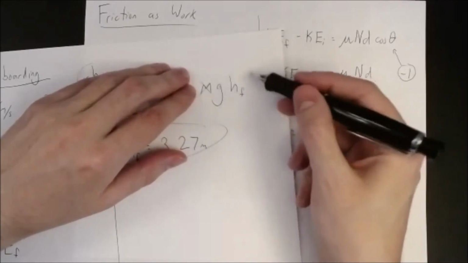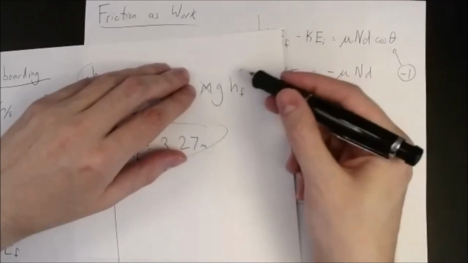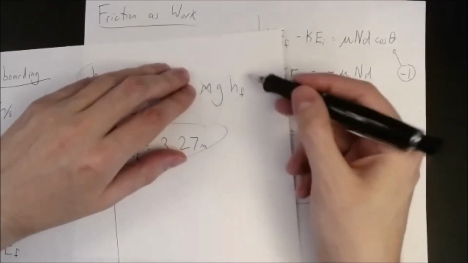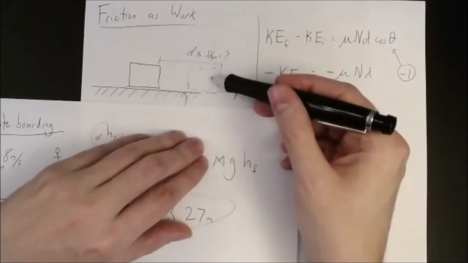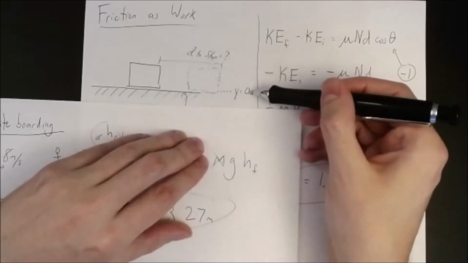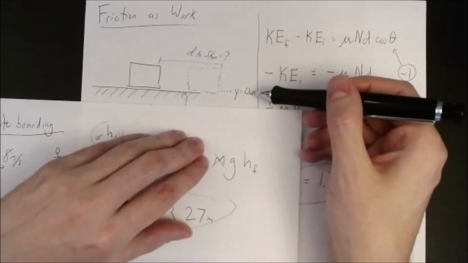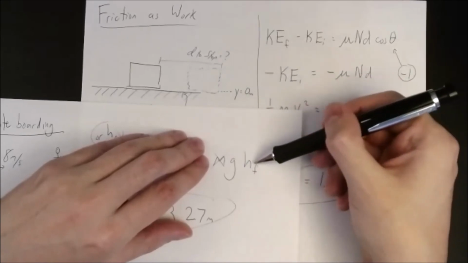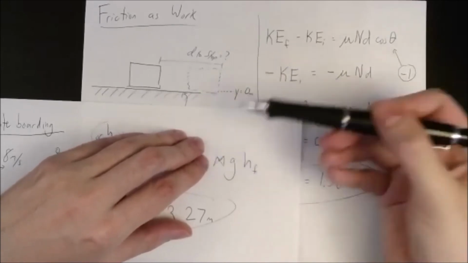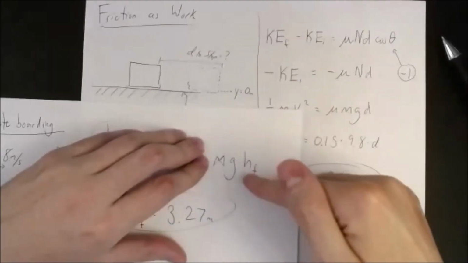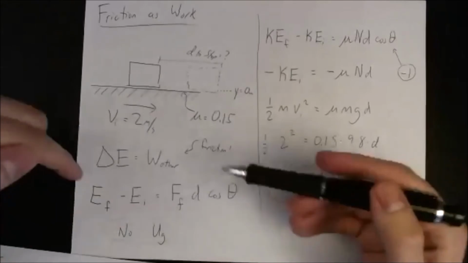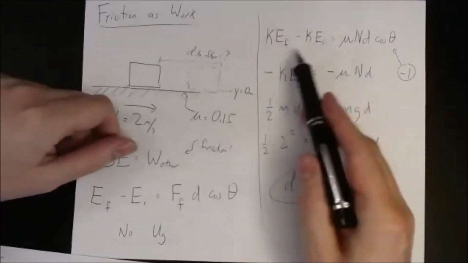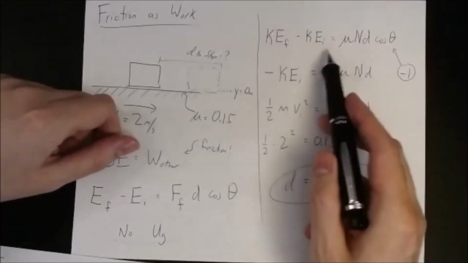I keep going back and forth on that being y or h because the book keeps going back and forth on it. But if the box starts at y equals 0 and ends at y equals 0, then mgy or mgh is always just 0. You never have any gravitational potential. So why bother confusing yourself by including gravitational potential in here if it's always just going to be 0?